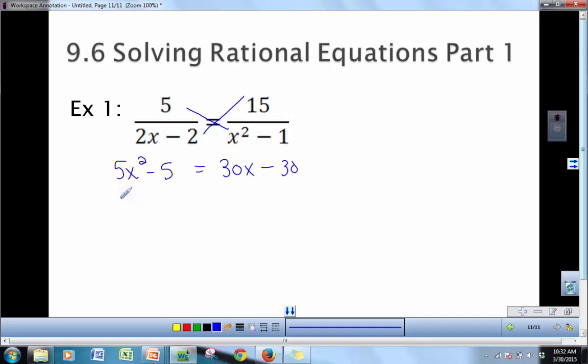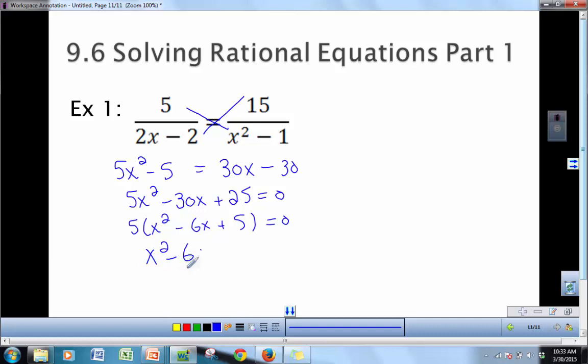Well, now we have a quadratic, which we know we have to get everything to one side. So I'm going to move the 30x over by subtraction, the 30 over by addition. And now we should notice that we have a quadratic where all the terms are divisible by 5. So we can go ahead and factor out a 5, and divide that 5.